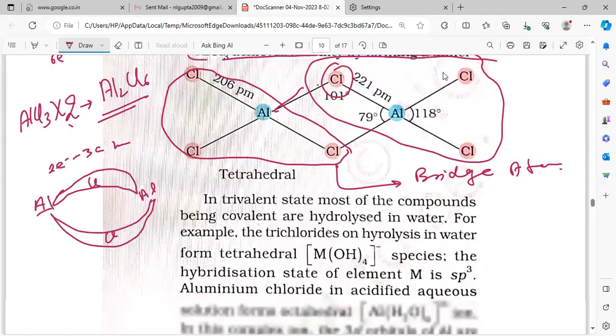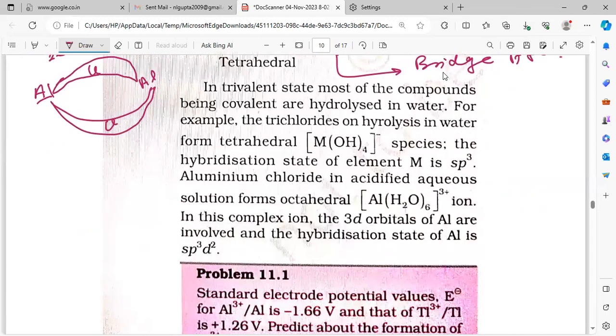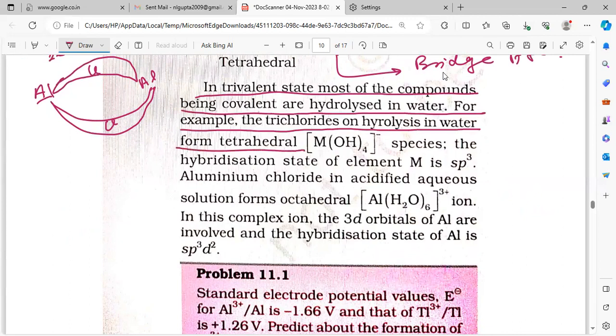Let us read and you will get to know. In the trivalent state, most of the compounds, being covalent, are hydrolyzed in water. For example, trichlorides hydrolyze in water to form the tetrahedral species. This point is very important. Why do they form the tetrahedral?